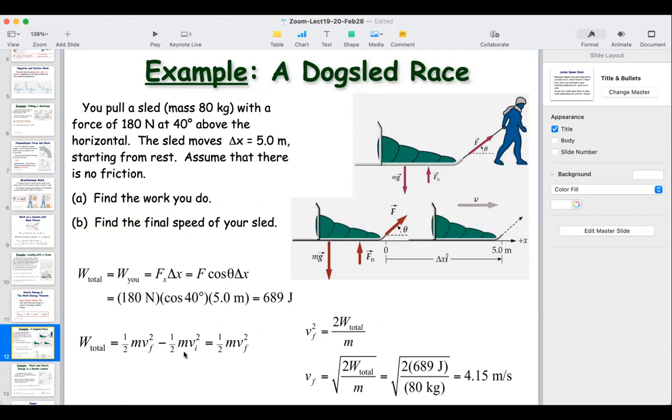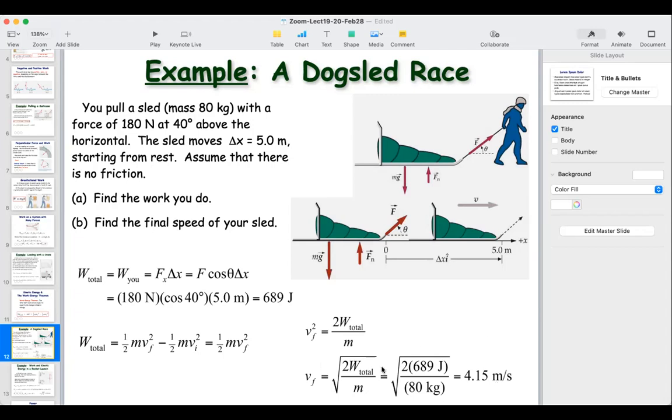V initial is zero, since we start from rest. So this expression is equal to 1/2 m V final squared. So V final squared is equal to 2 times the work divided by the mass, and V final is the square root of 2 times the work divided by the mass. You do the calculations and you find 4.15 meters per second.